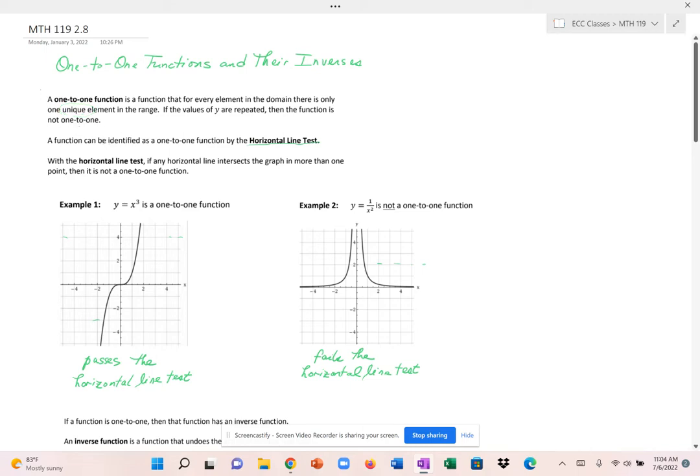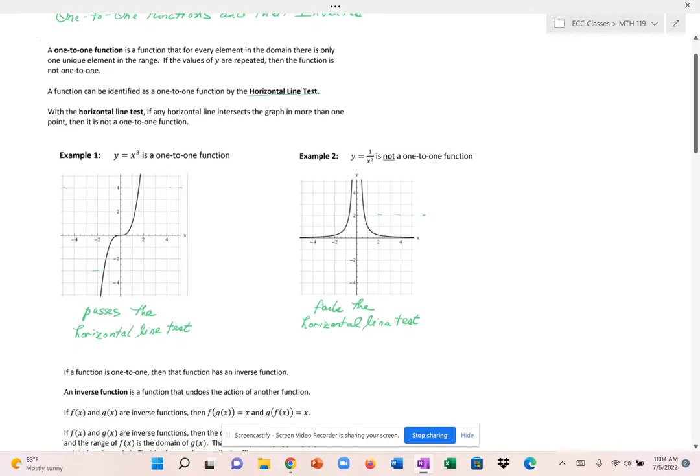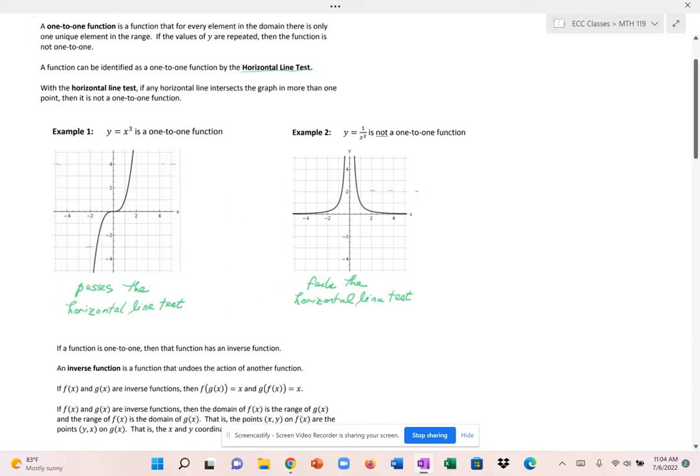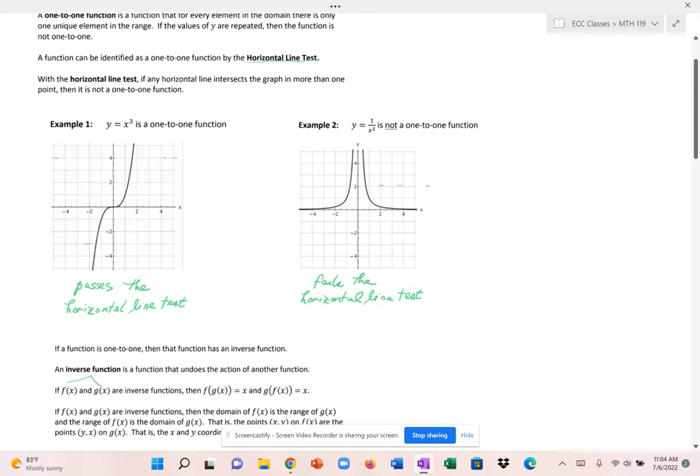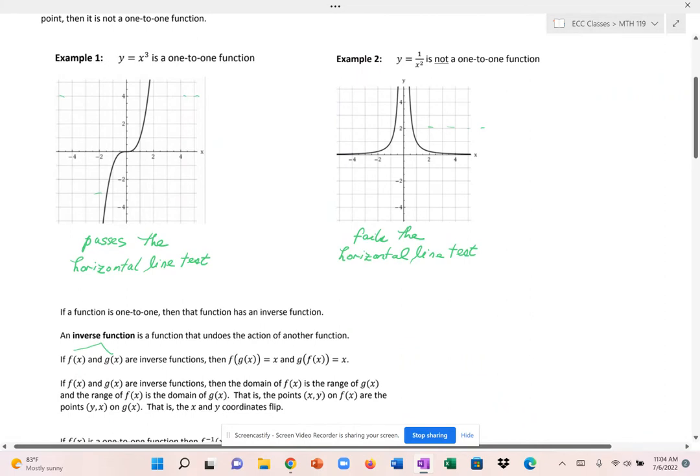If a function is one-to-one, then you can find an inverse function for it. An inverse function is a function that basically undoes the action of the other function. If f and g are inverse functions, then the composite f of g of x would just be equal to x.